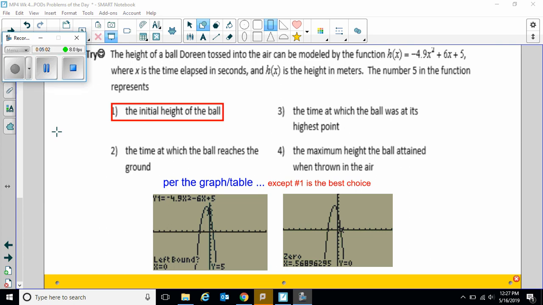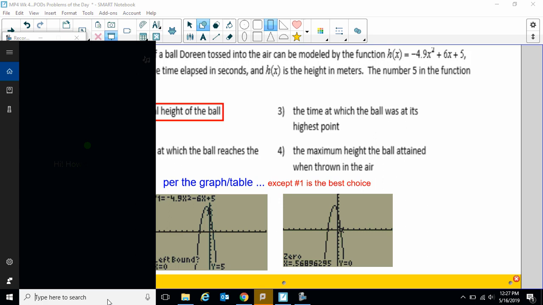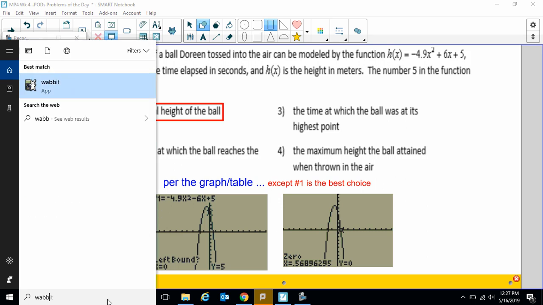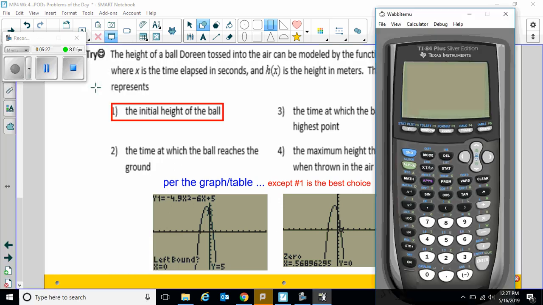If I bring your attention to these graphs down here, you'll see that, based on a little calculator work, I start with my x value at 0 and y is 5. What does that actually look like if you want to utilize your calculator to full advantage?